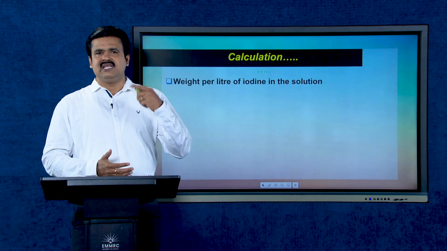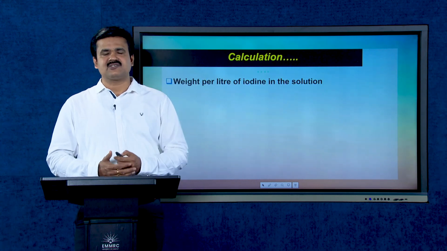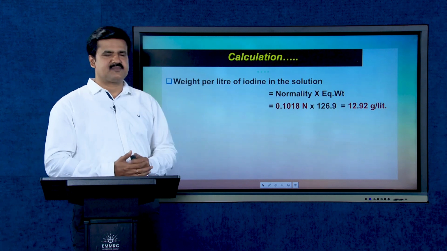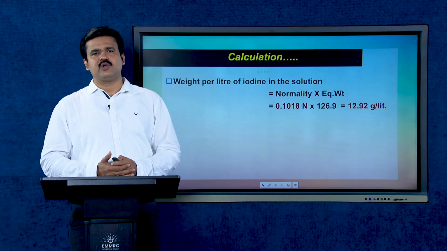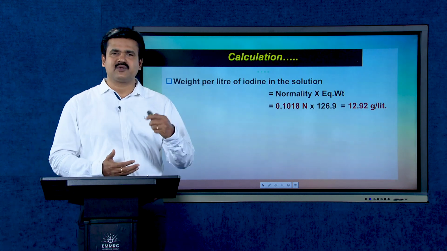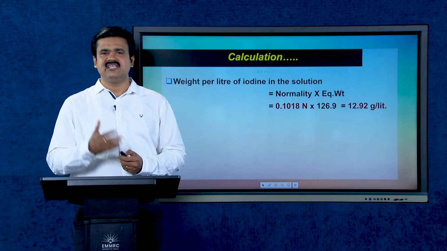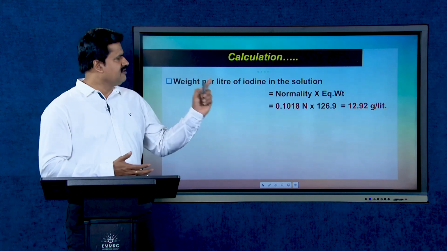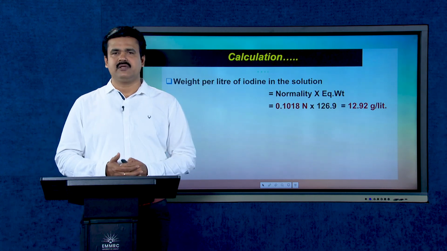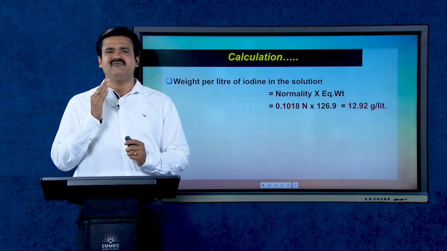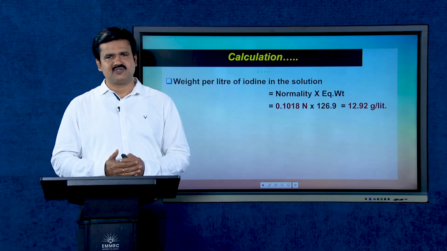Now, the weight per liter of the iodine solution can be calculated from this normality, by utilizing the expression weight per liter is equal to normality into equivalent weight. Normality is calculated as 0.1018 normal, just multiply with the equivalent mass of iodine, that is equal to 126.9. We will get a weight per liter value equal to 12.92 gram per liter.